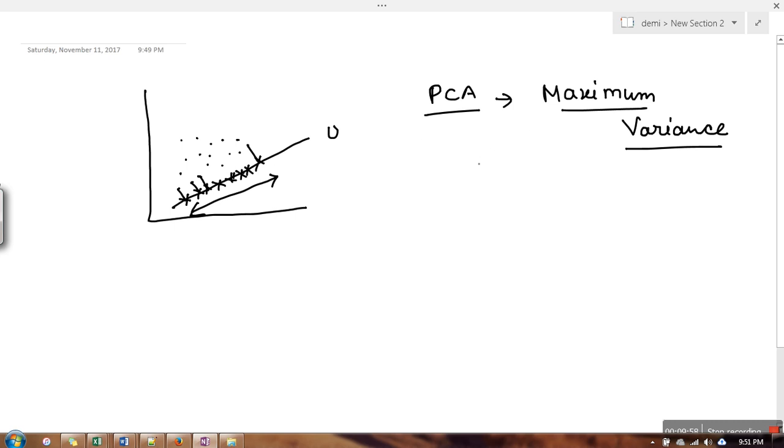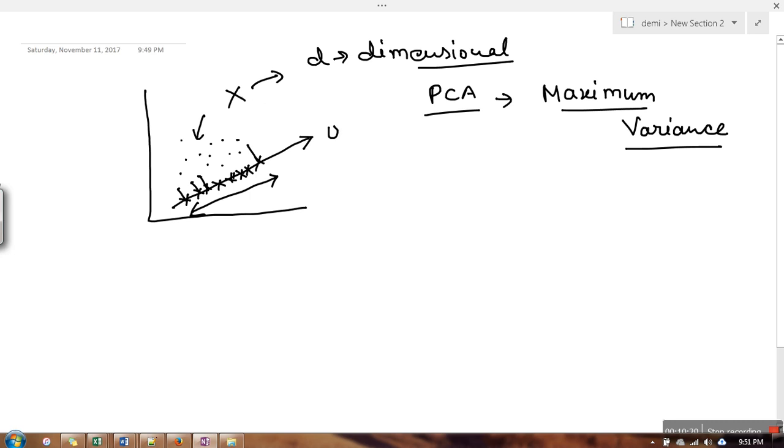Let's say these data are given in the form of x, and this x is d-dimensional data, and I'm considering this direction as u.